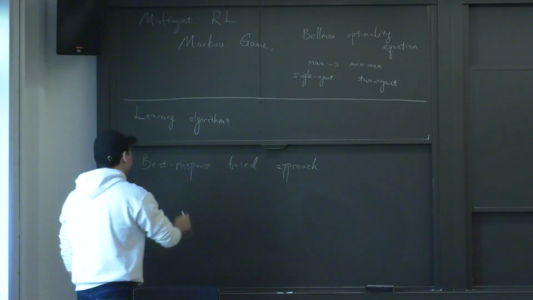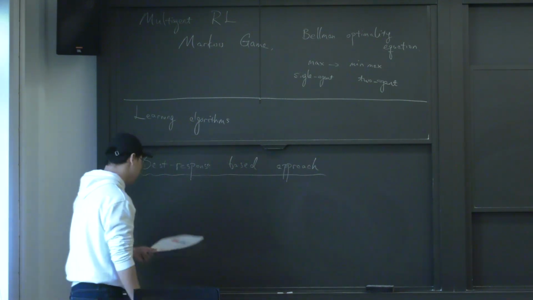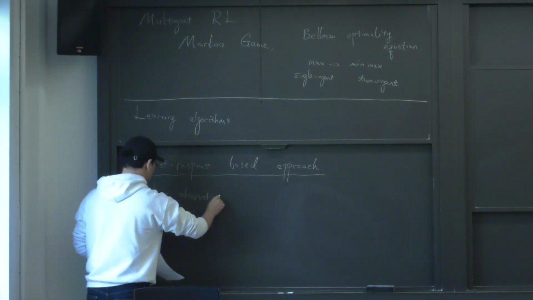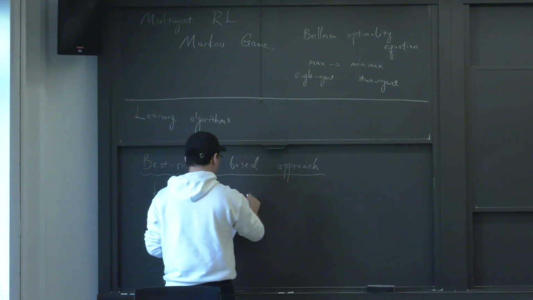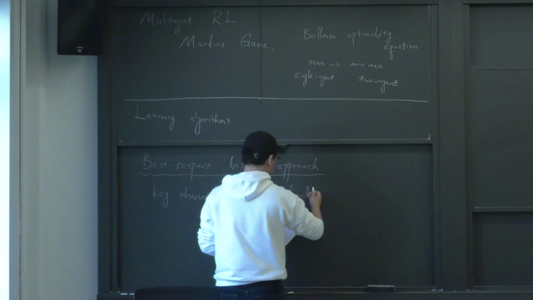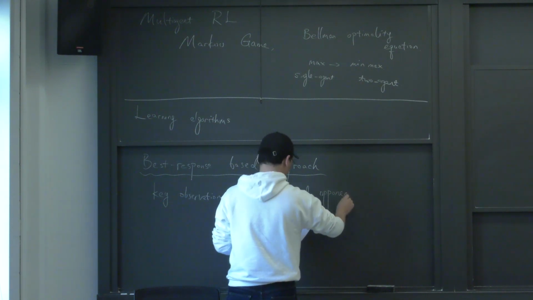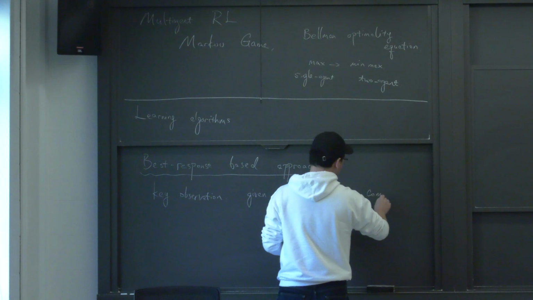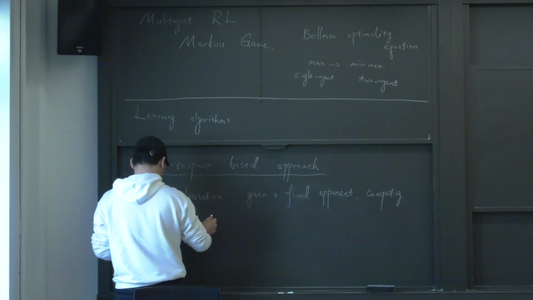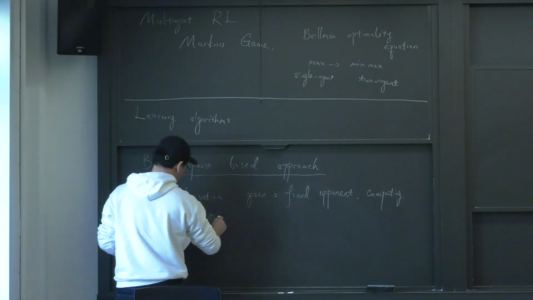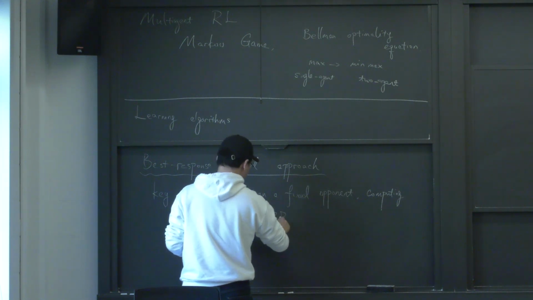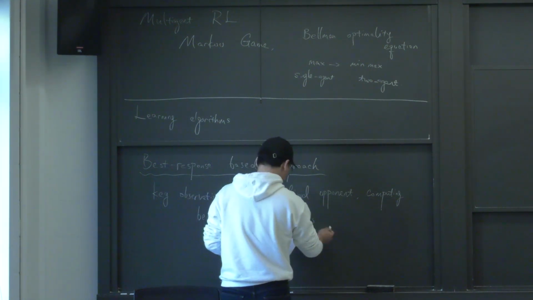For this style of algorithm, the key observation is the following: given a fixed opponent, computing the best response, which we call BR for short in this lecture, is actually somehow a single agent problem.